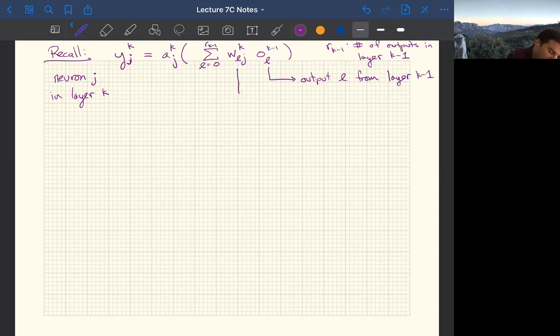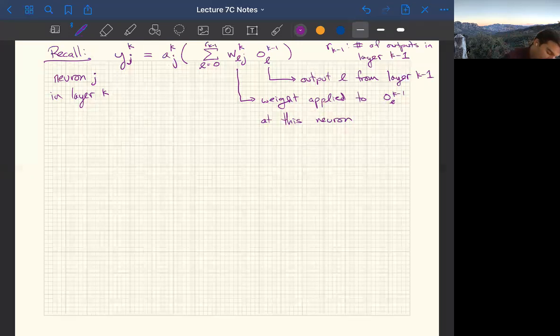And then this here is the weight applied to O_L, K minus 1 at this neuron. So you bring in all these outputs from one layer to the next layer, you weight them all together, run them through the activation function, and that's what's going on at every neuron.